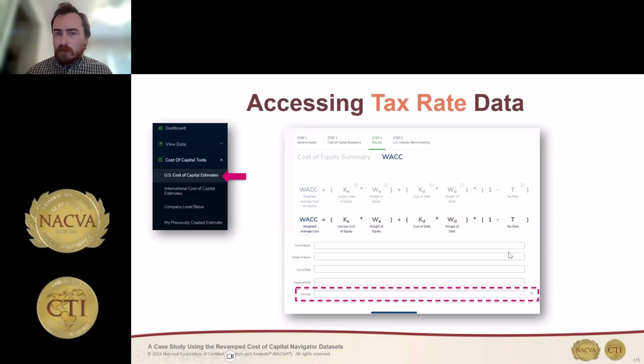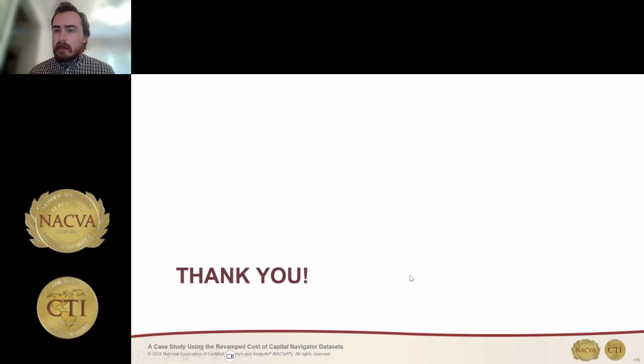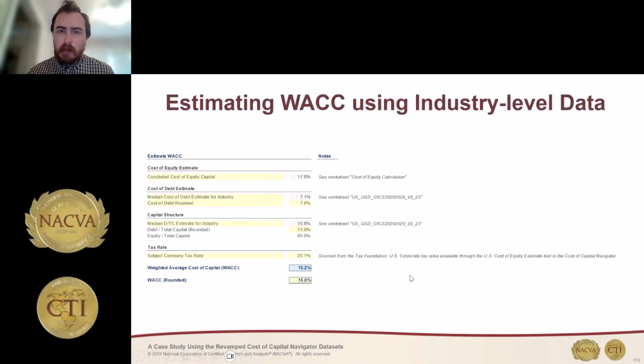So in these drop-down boxes, you could just manually type in, once you have your cost of equity, 17%, weight of equity, 50%, whatever it may be. And then we have the tax rate available off the shelf right here. You could also get the tax rate through the company level beta module for the US. And that is the end of the case study, right? We just showed the inputs for the WACC and the final WACC selection right there.